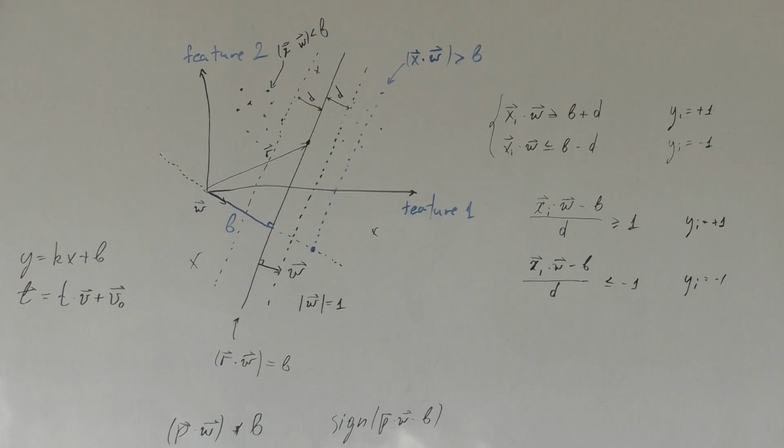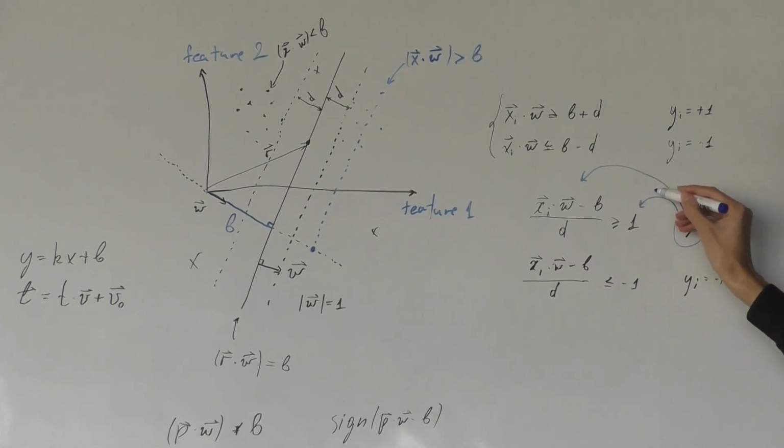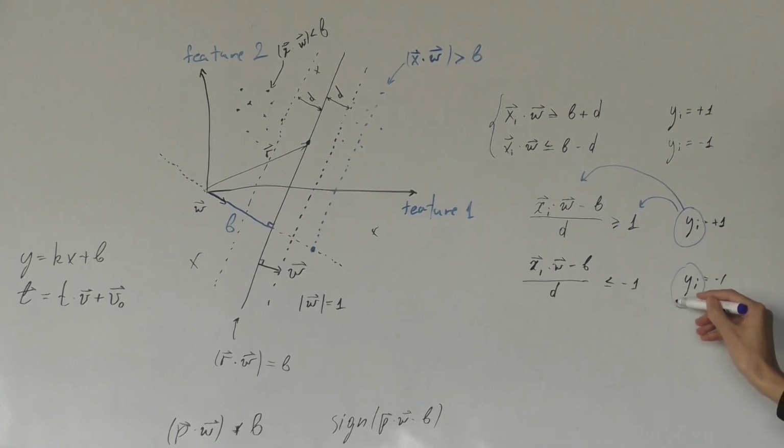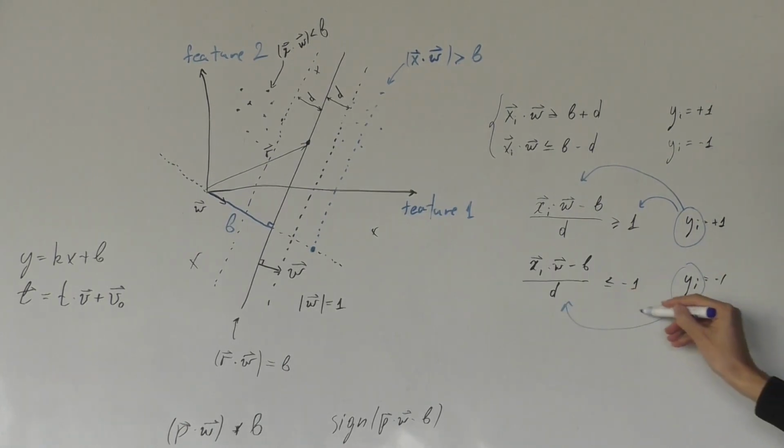And now an interesting idea. What if I take this yi, and I multiply both parts by yi? And I do the same thing in here. What do I get?